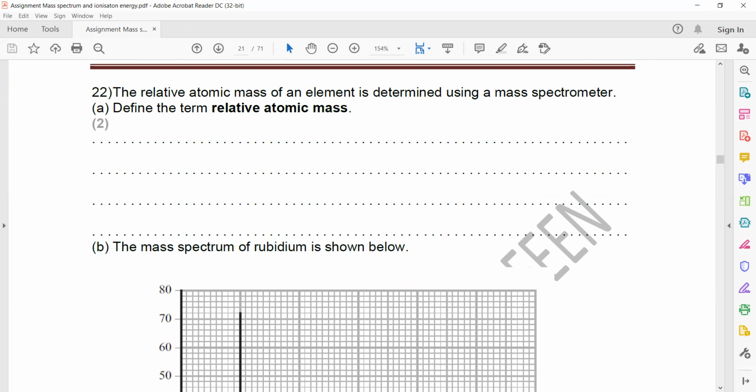It is the average mass of an atom compared with carbon 12. That we call relative atomic mass.